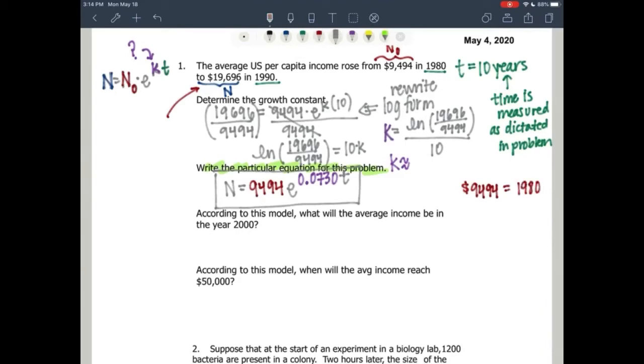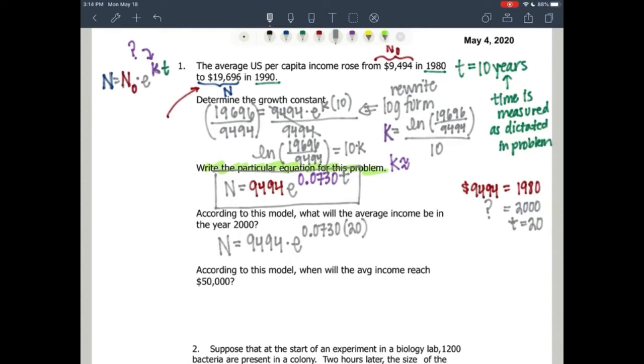We want to know in the year 2000. So that's going to be 20 years later. So time is going to equal 20. So our end value is equal to 9494 times E raised to the 0.0730 times 20 power.